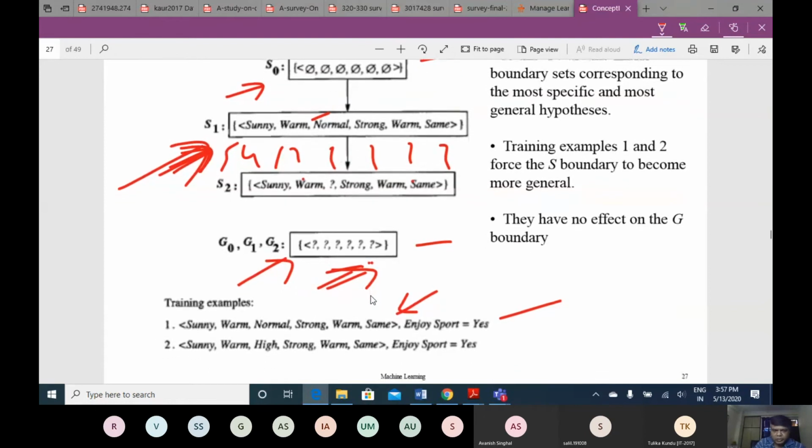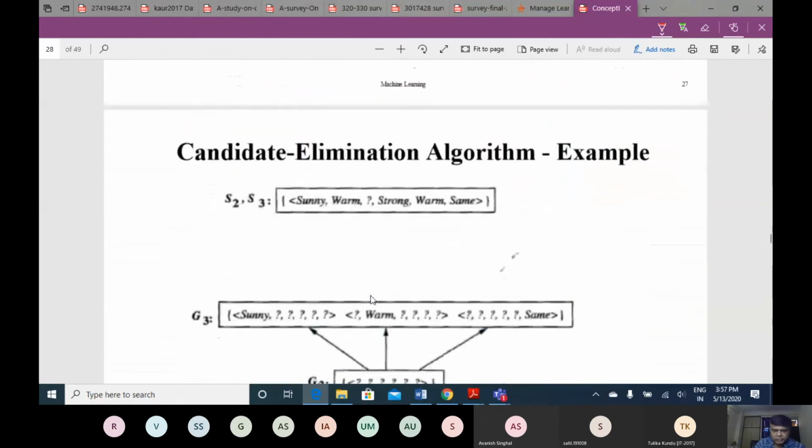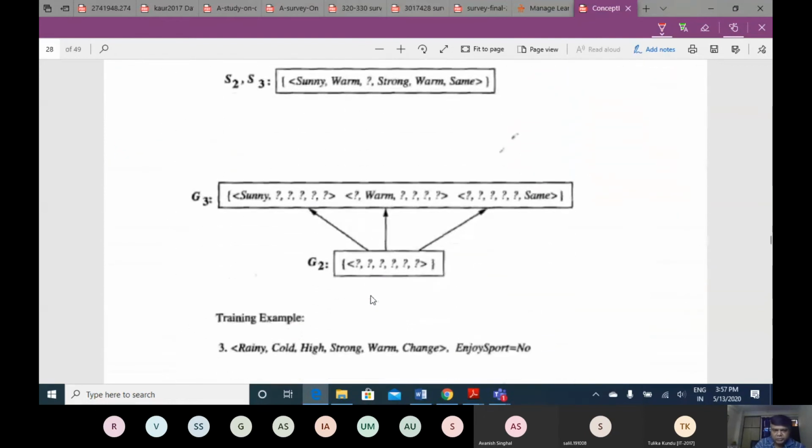Okay, now we get another example, which is a negative example. So now understand how we change this. A negative example means we don't want to include this case, and if your positive one is most specific and is including this one, then we have to change this one.